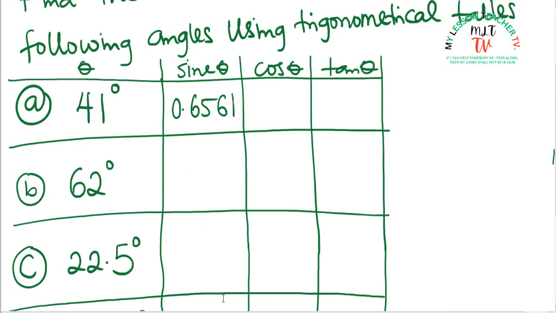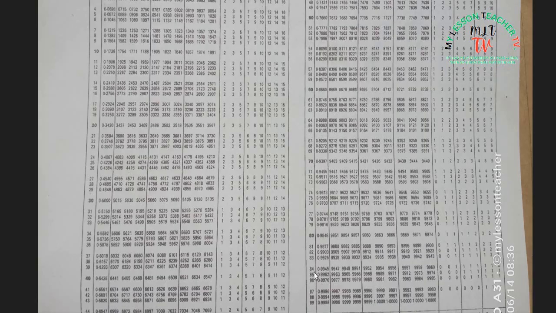You also look for sine 62 degrees. Go back to your table. Still under the sine table, sine 62 degrees is on this column. Now trace under x and you see 62. So 62 under 0 is said to be 0.8829.